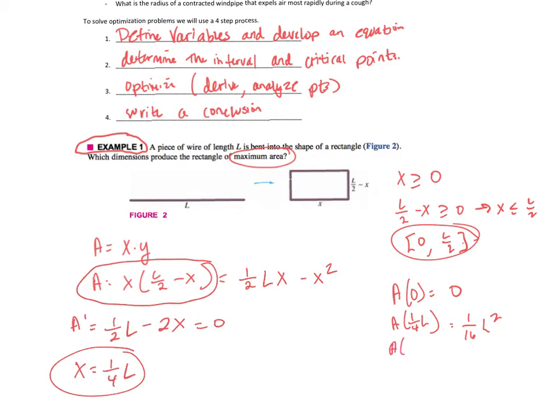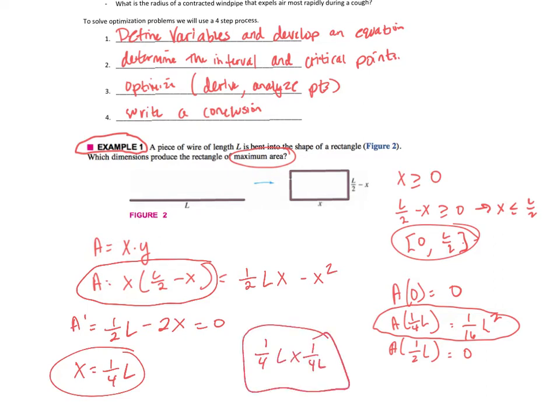And if x is 1/2 L, we end up with 0 as well. Most of the time in this section, you guys, the critical point is what's going to maximize the scenario. So 1/16 L squared is the largest area that we can come up with, and our dimensions would be 1/4 L by 1/4 L. Okay.